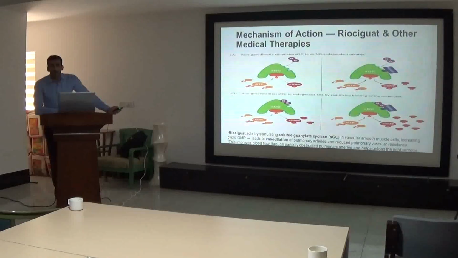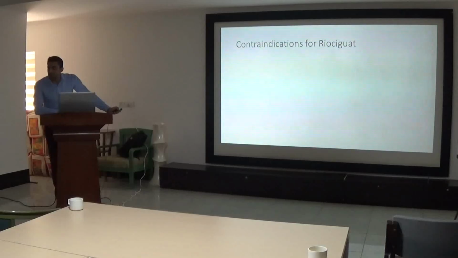This mechanism depends on the pathology that in pulmonary hypertension, the production of nitric oxide decreases in the body. I will show you in this diagram further. So primarily the action is that riociguat makes it independent of the nitric oxide mechanism. That is why sildenafil is adopted.